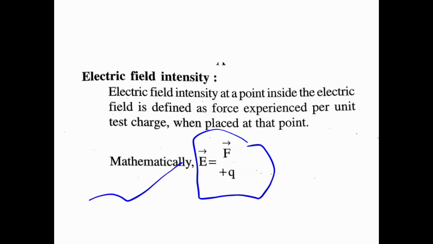E is a vector quantity as it has both magnitude and direction, and it also obeys vector algebra. Electric field and electric force both are vector quantities, and electric field vector E is equal to force vector F by unit positive test charge, that is plus Q.